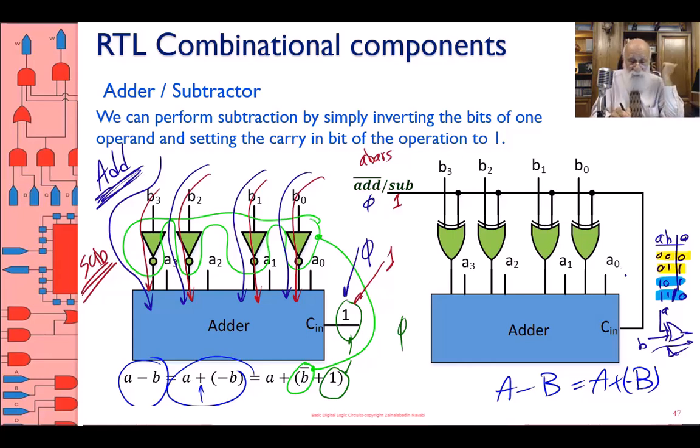Also, if I'm subtracting, remember here that I was showing that I also need to add a 1 to it, and therefore I bring in that add sub signal, bring that into the carry in, and therefore that adds the 1 if I'm subtracting.